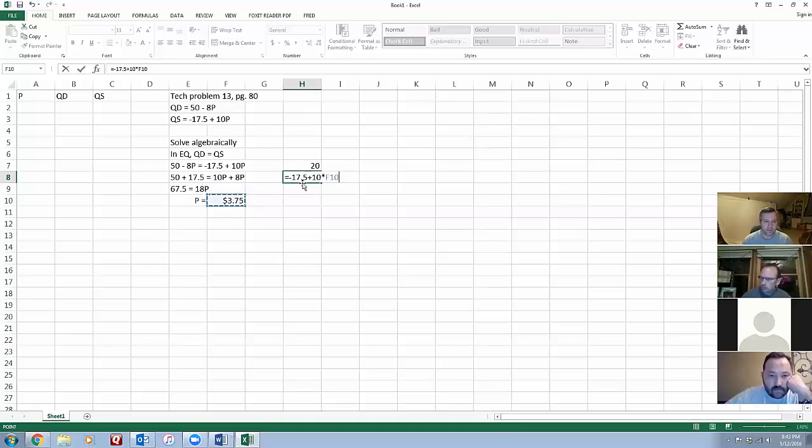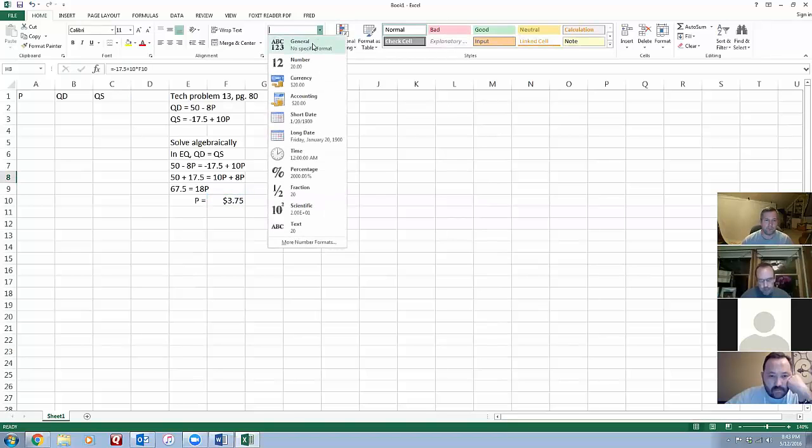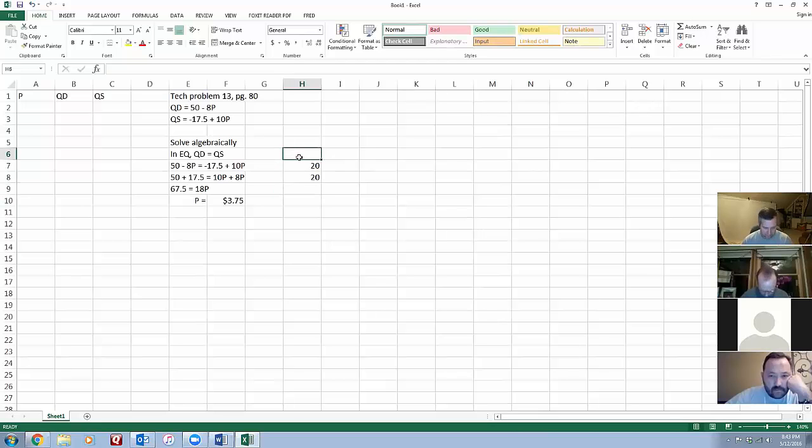So equals negative 17.5 plus 10 times that price of 3.75. And I get 20 again. So here's my quantities. Both of them are 20. So I know that my equilibrium price is 3.75, my equilibrium quantity is 20.